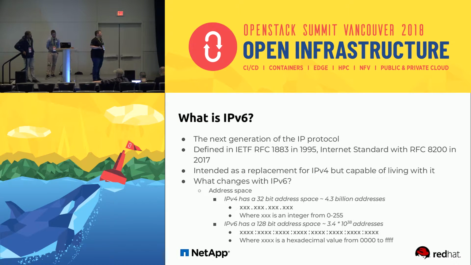But with IPv6, you have a 128-bit address space, which is massively big. 3.4 times 10 to the 38 is roughly 340 undecillion, which is about 8 orders of magnitude bigger than a billion. And each of those X's there represents a hexadecimal value from 4 zeros to 4 Fs, a 16-bit value.